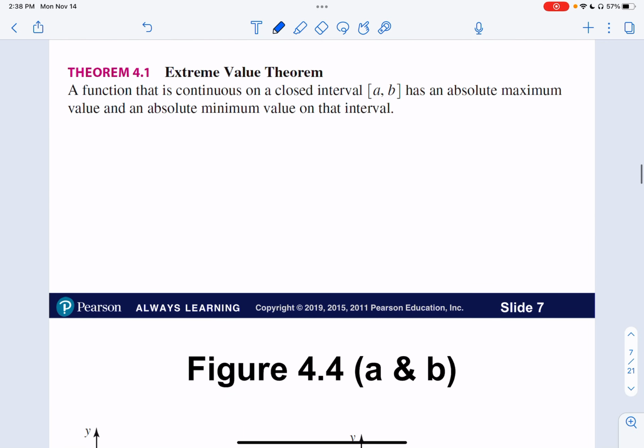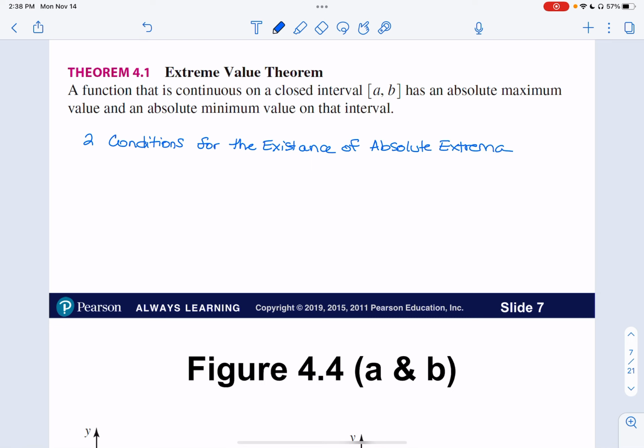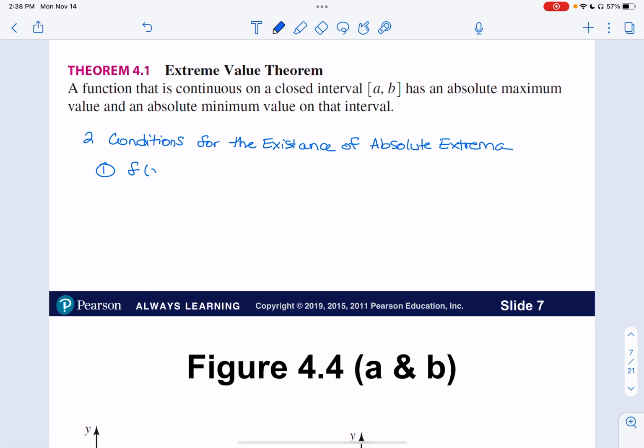So if you look at the extreme value theorem, there's two conditions for the existence of absolute extrema. The first one is that f of x is continuous on the interval.